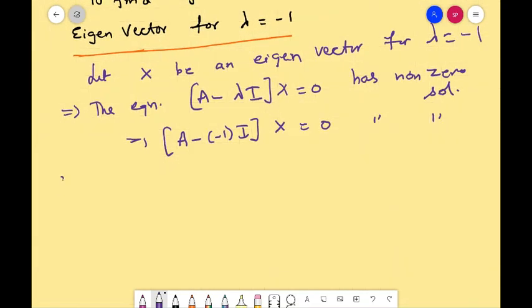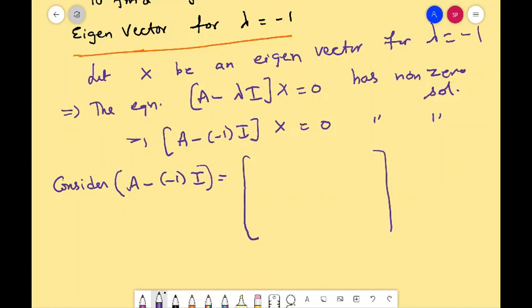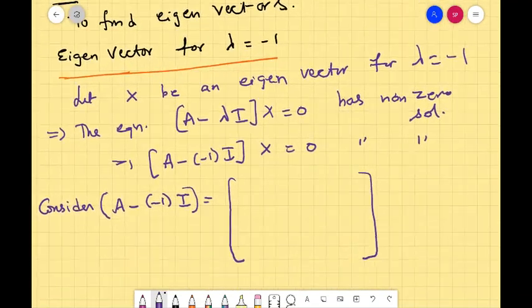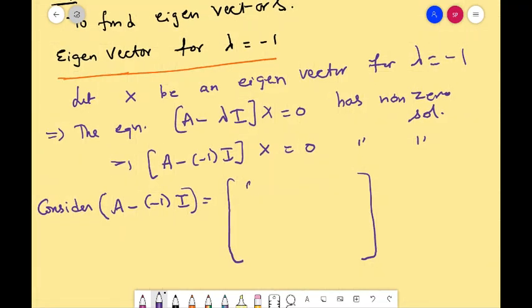Now first let us write what A minus (-1) I is equal to. It is the same matrix A, but in the diagonal you have to subtract -1. This A is 0, 1, 1, then 2, 1, 2, and then 3, 3, 2.